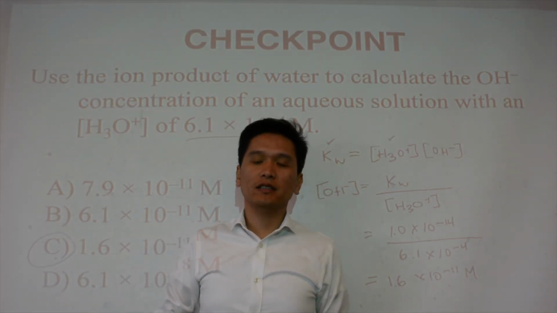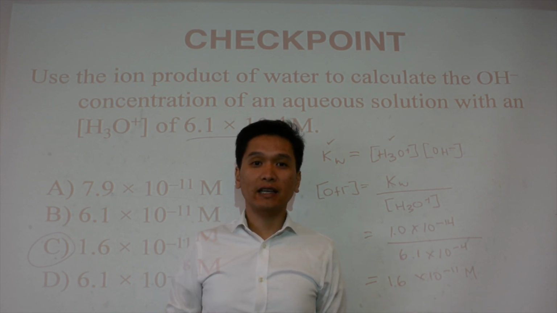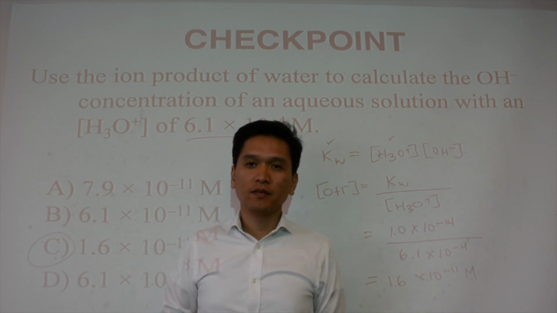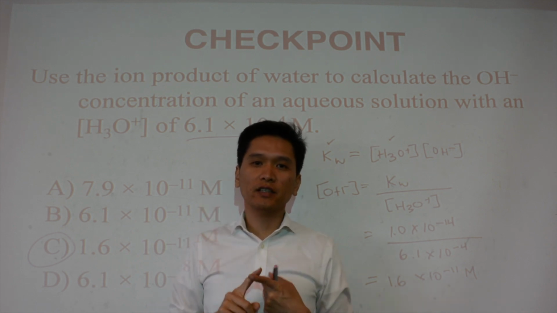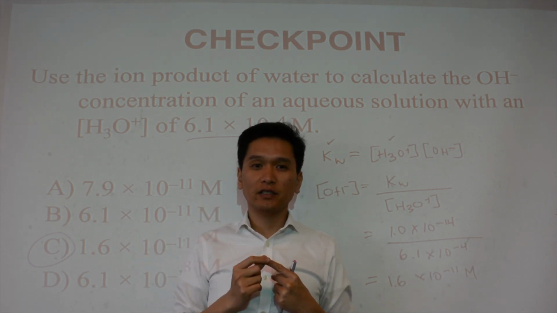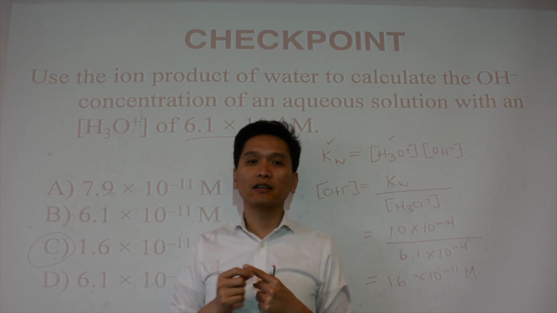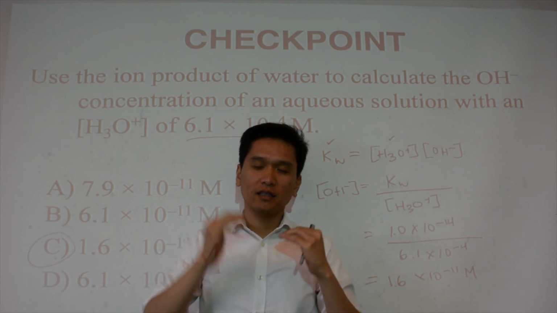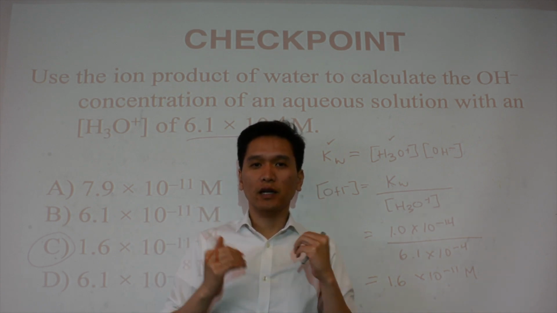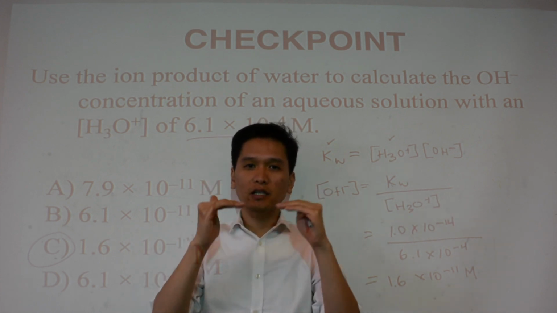Alright, so that was the ionization of water and Kw, the constant of that. The take-home message is two things. First, if you're given the concentration of one species, you can calculate the other by using Kw. The second message is the relative concentrations of hydronium and hydroxide. In pure water, they're equal to each other.